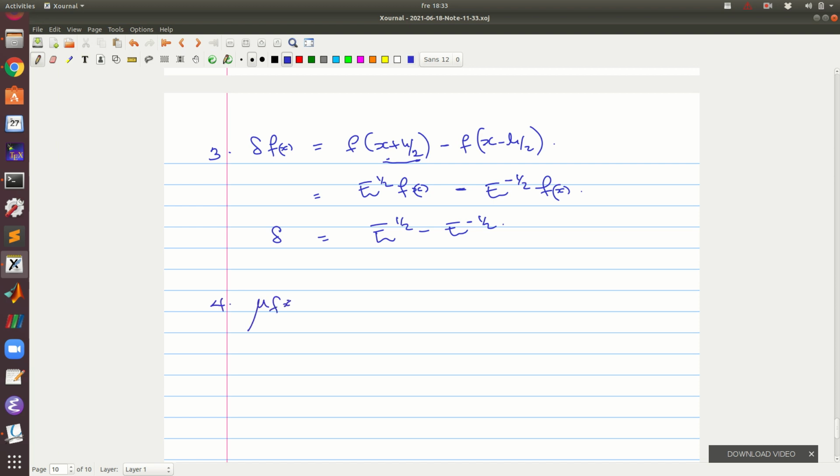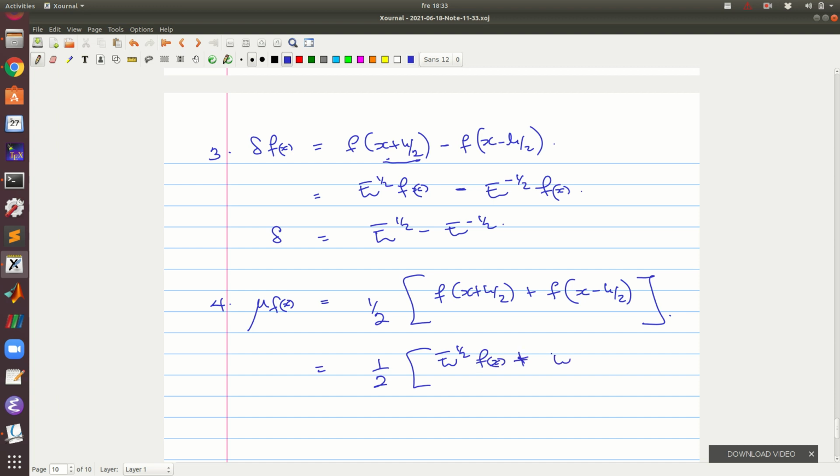How about the average operator here? By definition, we said it is 1/2 of f of x plus h over 2 plus f of x minus h over 2. By definition we know that this is going to be E to the 1/2 of f at x, and this is going to be E to the minus 1/2 of f at x.